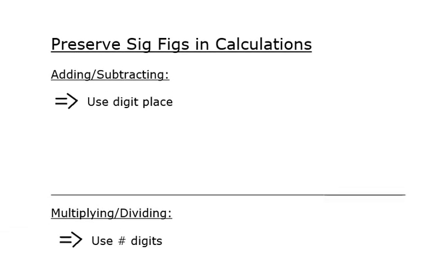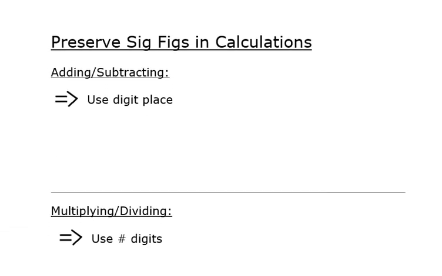Now the second part of sig figs is how you preserve the sig figs when you calculate using those measurements. It turns out it's different for adding and subtracting versus multiplying and dividing, so we'll cover them separately. If you are adding or subtracting numbers, the general rule is to use the digits place.